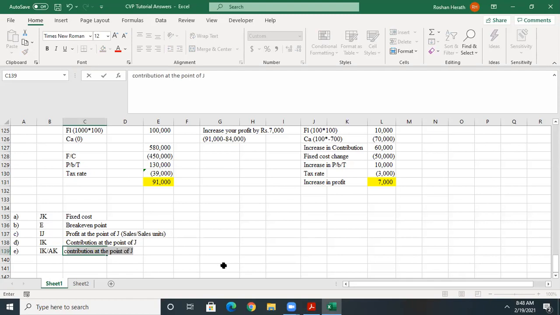In one way, it has to be the contribution per unit. Or if you consider that axis to be the sales revenue, then it's nothing but the CS ratio. Yes, you have taken it very correctly.